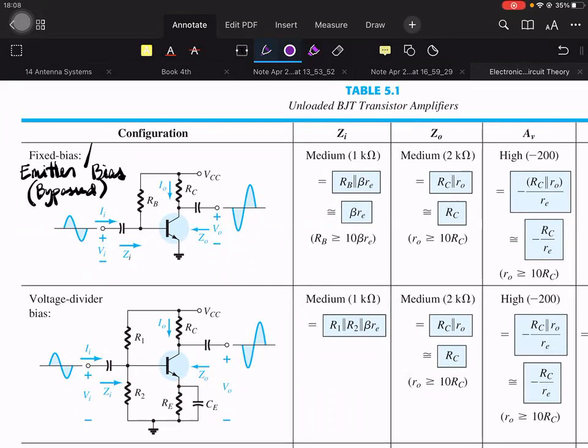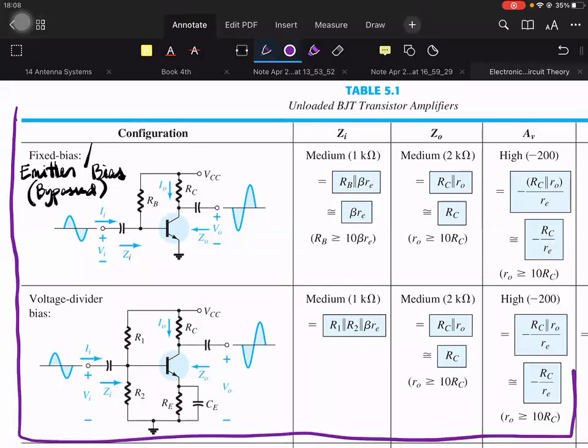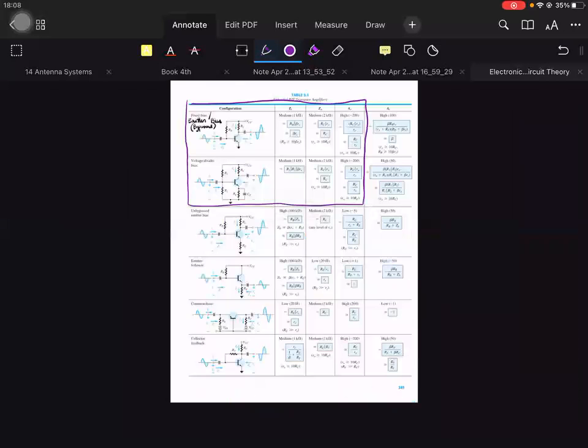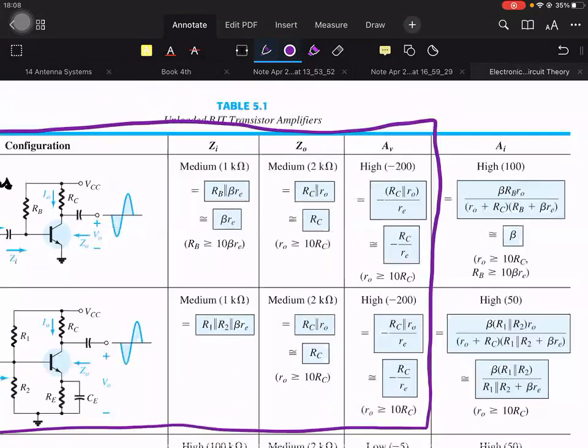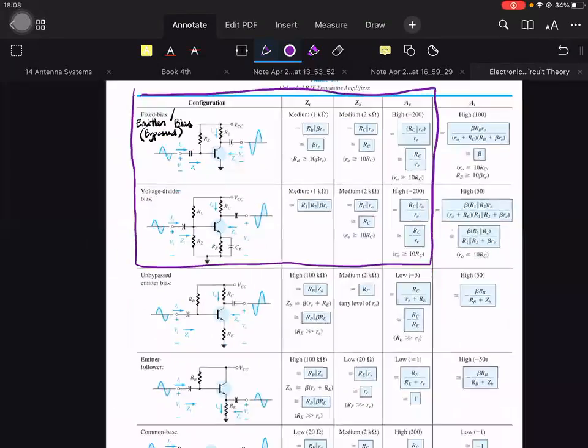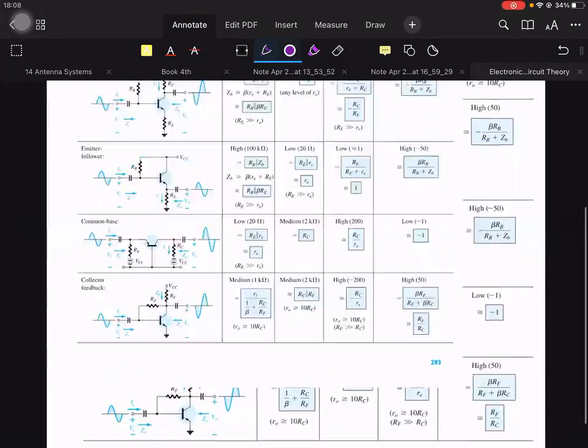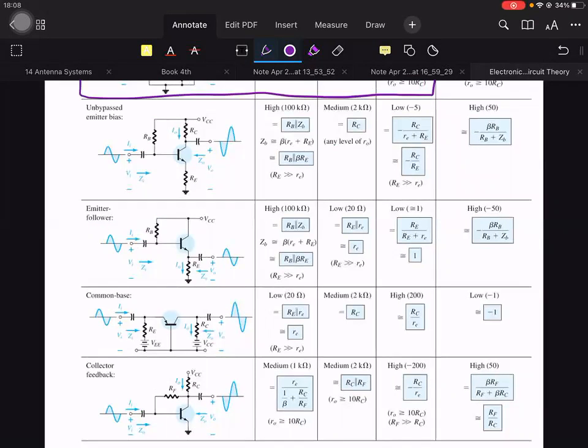In our class, we'll just focus on this portion. I have the purple outline here. The other parts can be ignored. Even in my other subjects, for ECE majors, you don't bother much with current gain. So that AI is current gain. We will just focus on voltage gain, and we will not necessarily use these other configurations: bypass, emitter follower, common base, collector feedback.